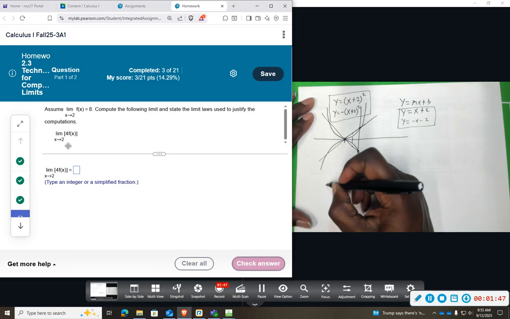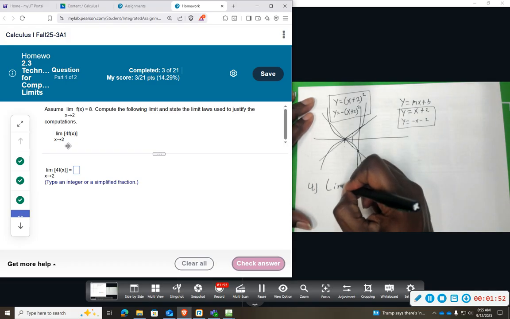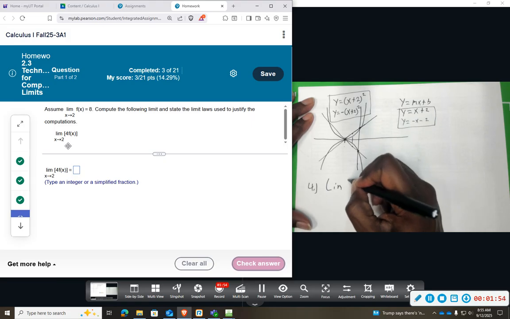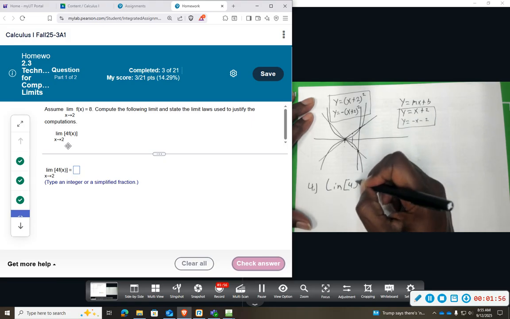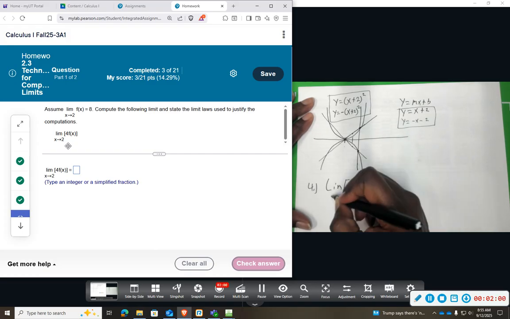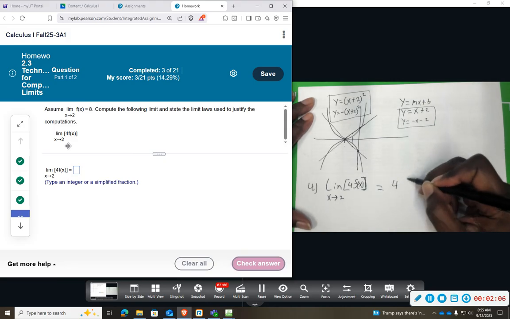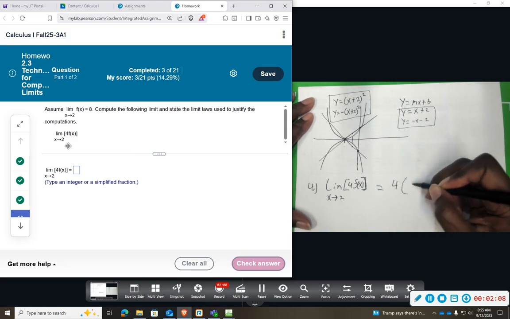So basically we want to look at the limit of 4 times f of x as x goes to 2. We would rewrite this and just factor out the 4, and this would be the same thing as multiplying 4 times the limit.